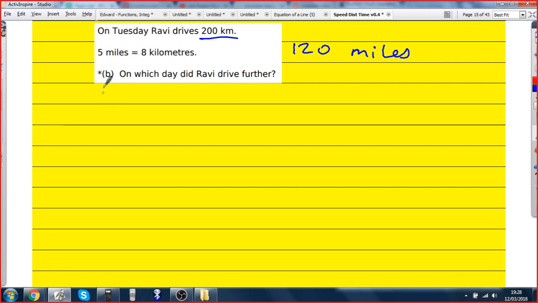How about the miles? Would that be easier to make? Oh yeah. So 40 miles. No. So you were trying to get 120 miles equals something kilometers.